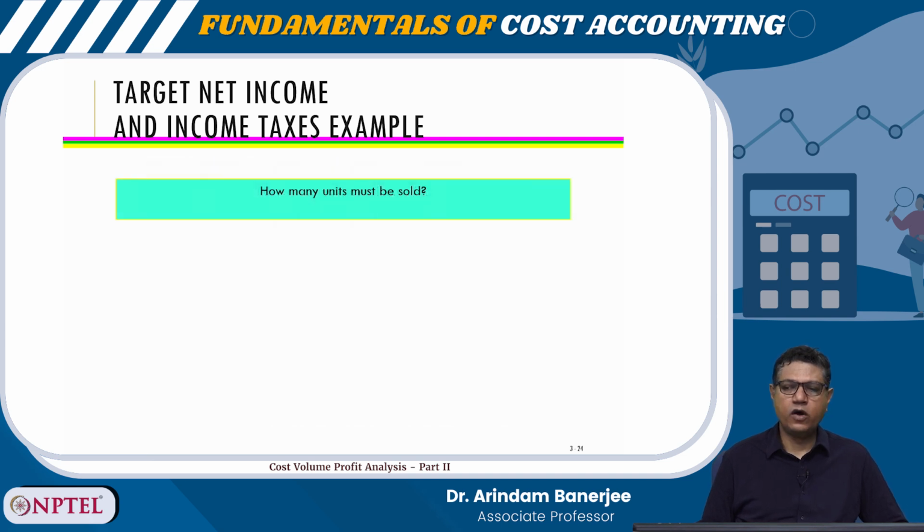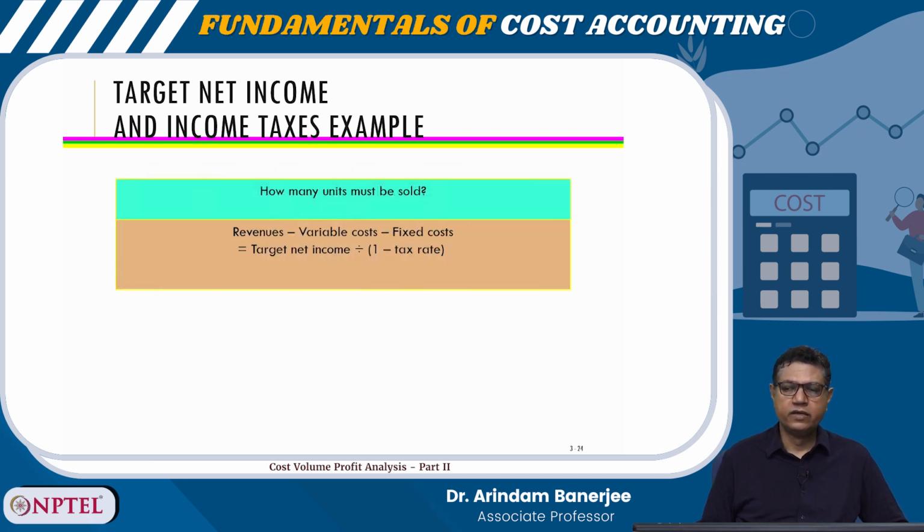How many units must be sold? Revenue minus variable cost minus fixed cost is equal to target net income divided by 1 minus tax rate.